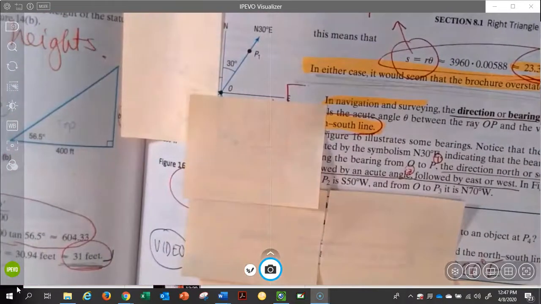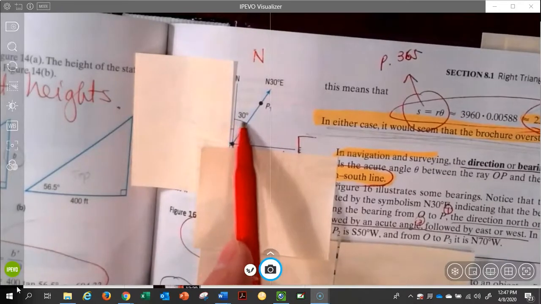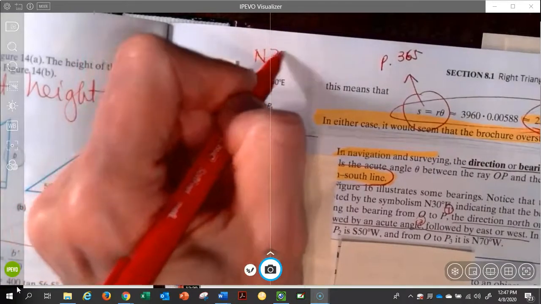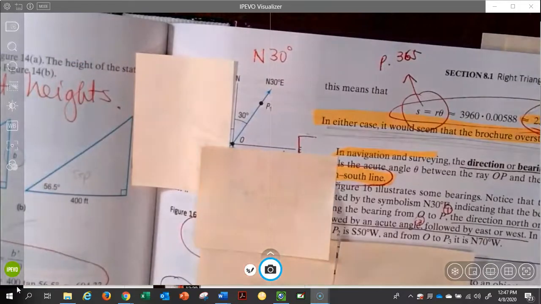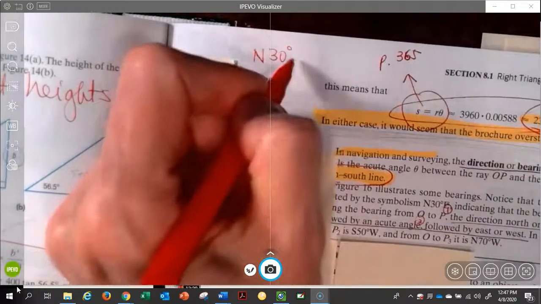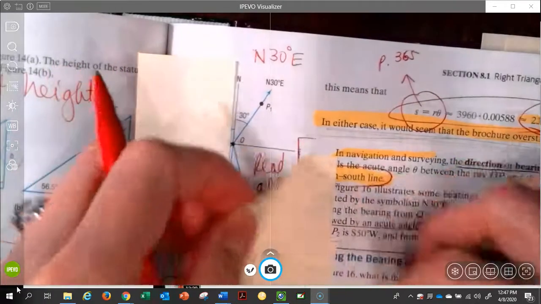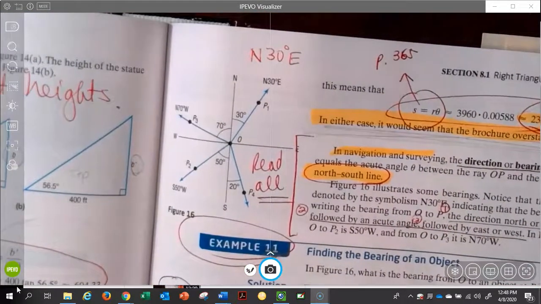So your first part of this answer is either N or S. Then you're going to state the degrees coming off of that vertical north or south. We're coming off of it by 30 degrees. And then which way did you go? Did you go to the east side or did you go to the west side? And we went to the east side, and you're done. You just labeled the direction, or what's called the bearing.